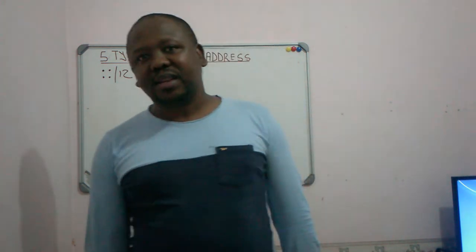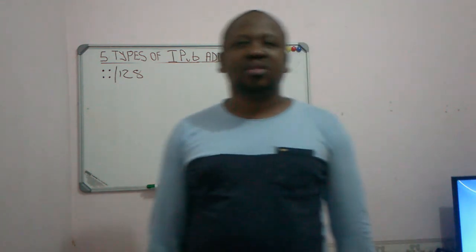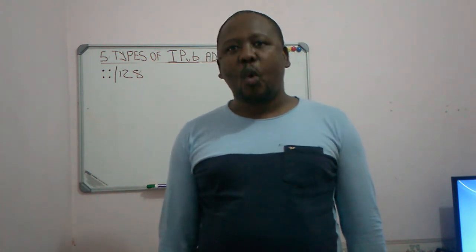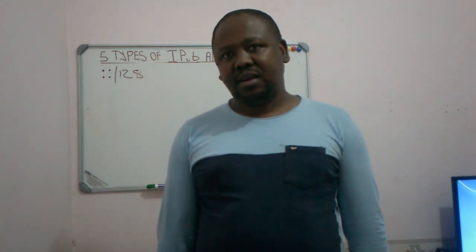And the second one that we have is the loopback address. A loopback address is almost similar to an unspecified address. The loopback address is ::1, meaning we have 7 groups of zeros, and the last group has 3 zeros followed by a 1.